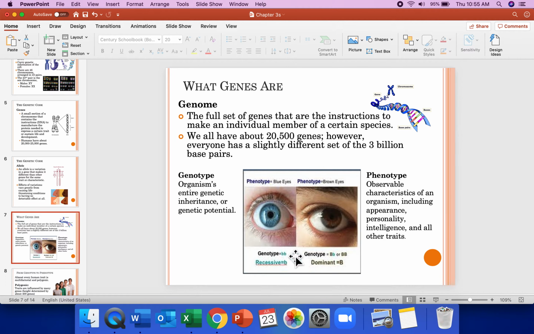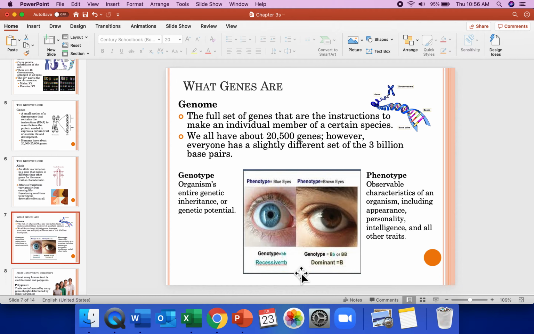All right, so in your genotype, you might have inherited a gene for blue and brown. However, because blue is a recessive trait and brown is a dominant trait, you came out with brown eyes. However, inside, in your genetic makeup, you still carry the blue.